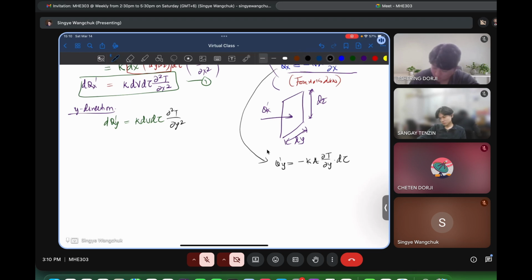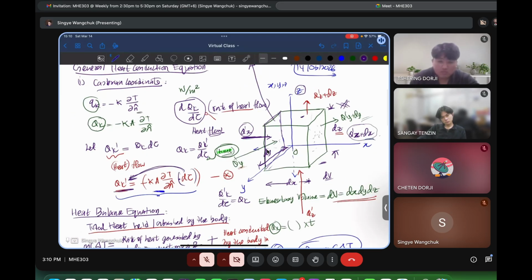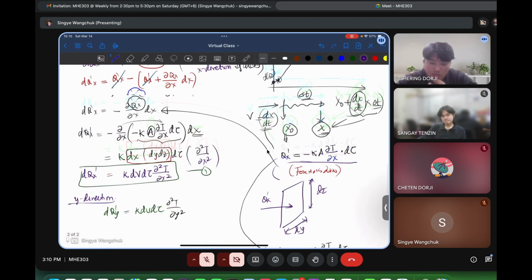Then what is the area for this? The area through which heat flows in the y direction. This y direction heat is this side. So what is the area for this? This is just this times this, so we will get dx times dy.